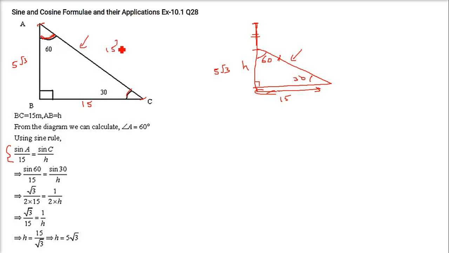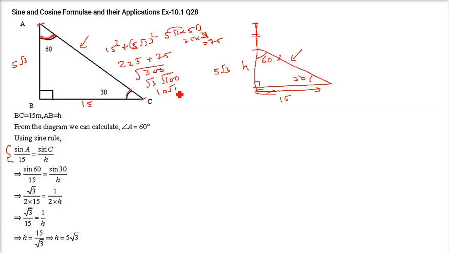Pythagoras theorem. 15 square plus 5 root 3 whole square. 15 square is 225. And 5 root 3 squared is 25 into 3, 75. You get 300. So this gets under root of 300. So this is under root 3, under root 100. This will be 10 root 3. So this side is 10 root 3.